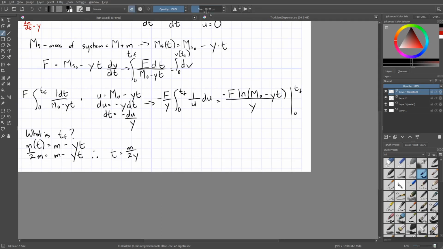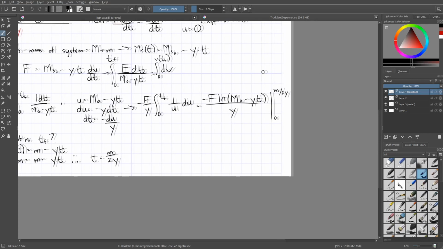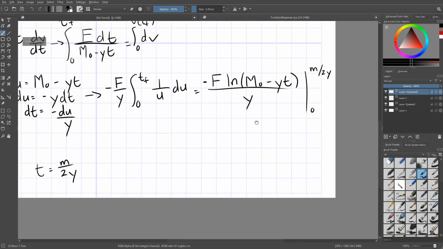So I'll go ahead and replace this boundary with m over 2 gamma. Okie dokie. So, all we have to do is plug things in.